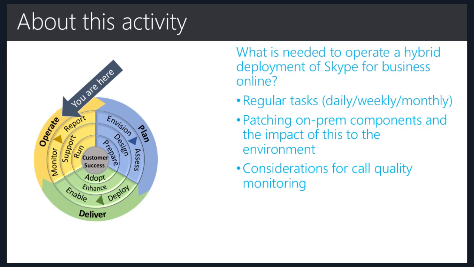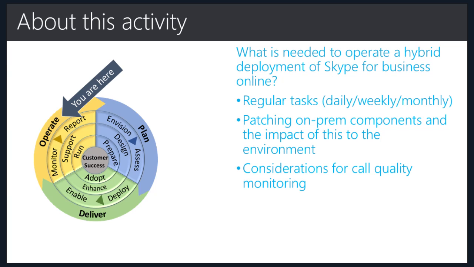So if we are deploying an online service and start moving our people, or some part of our population, to the online world, why is it still important to maintain the on-prem health and keep an eye on that one? Well, even in a hybrid environment, a lot of the on-prem components still play a big part in the overall deployment.